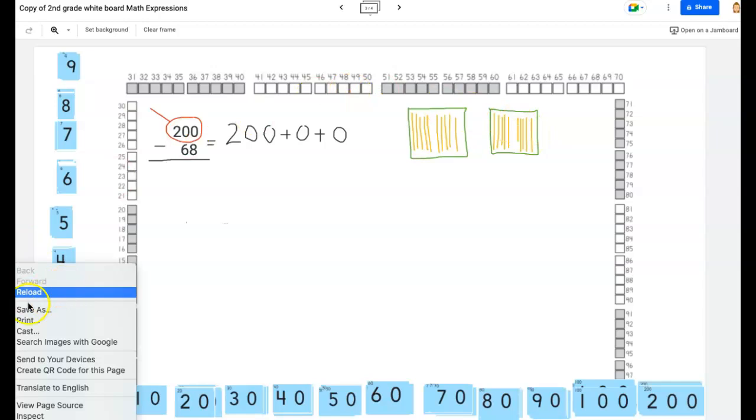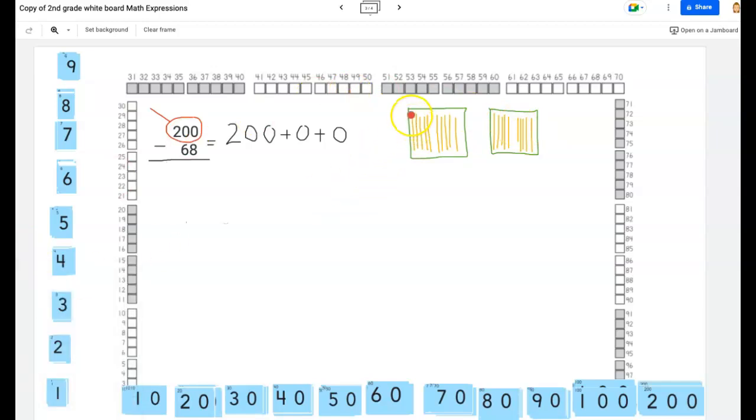Here, I'm going to count it one more time with all of them. Ready? Counting by tens. 10, 20, 30, 40, 50, 60, 70, 80, 90, 100, 110, 120, 130, 140, 150, 160, 170, 180, 190, 200.